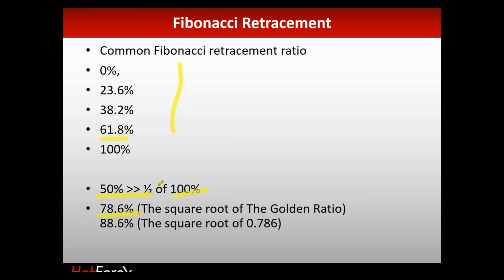So this one is the square root of this one, and this one is the square root of this one. So these are the retracement numbers that we commonly use: 0, 23.6, 38.2, 61.8, 100, and 50.